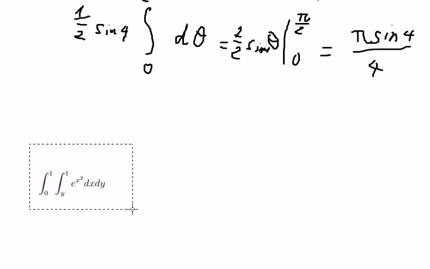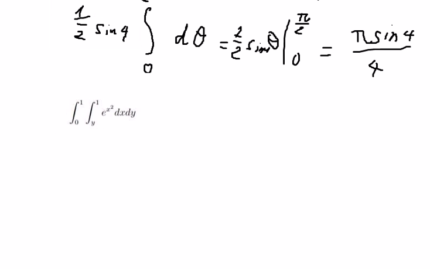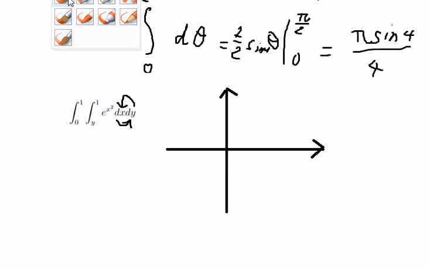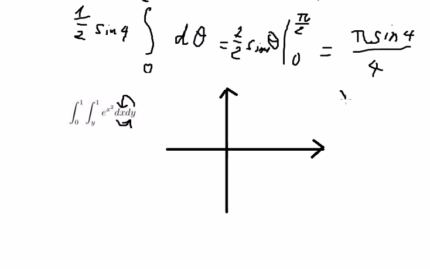Next, we need to change dx dy together. So we need to wrap the bounds in here. So we have the bounds that x is greater than or equal to y and smaller than or equal to number 1.